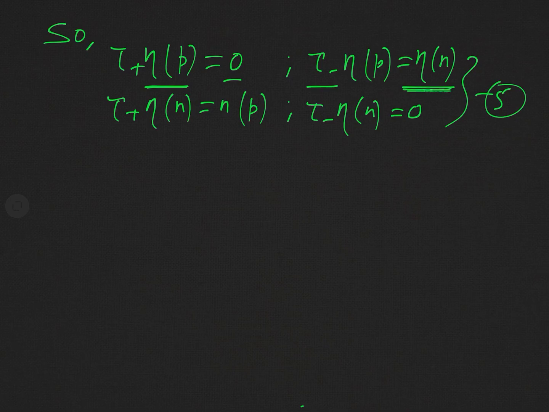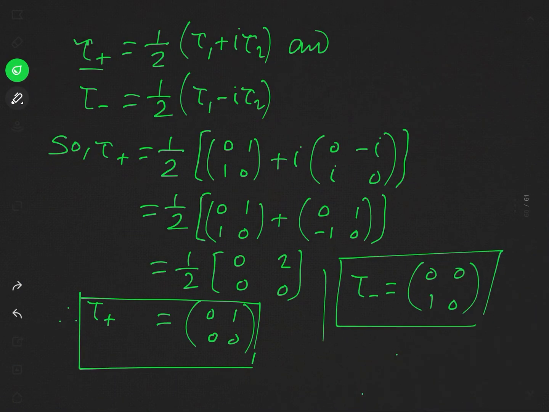So let us test first the first one, and the remaining I would like you to test yourself. So let us take tau plus eta p. I have just defined the operator tau plus.